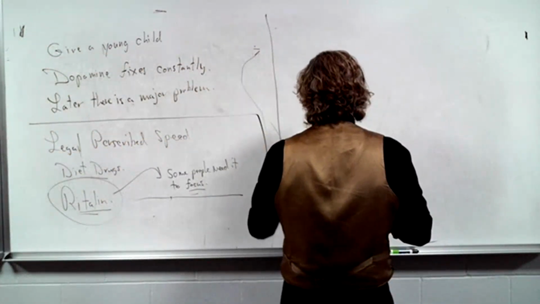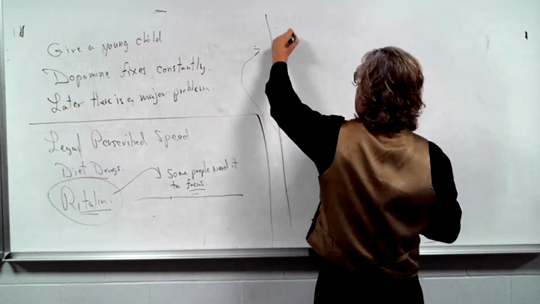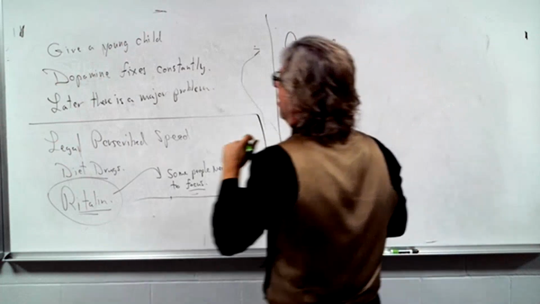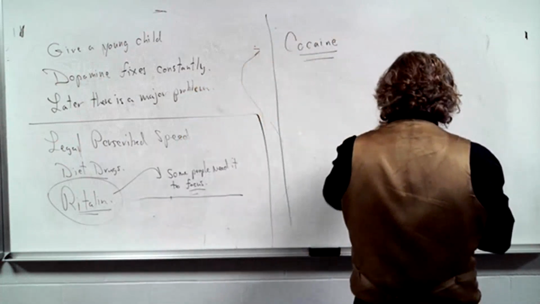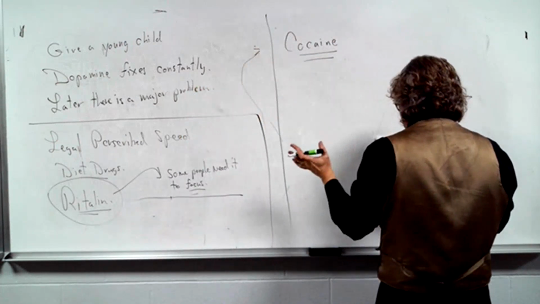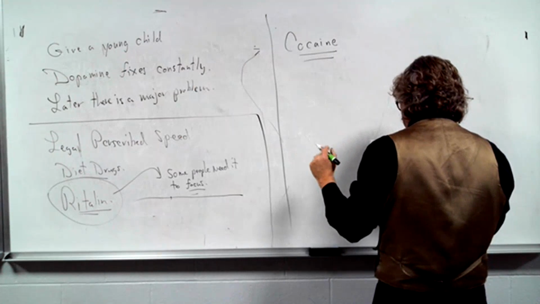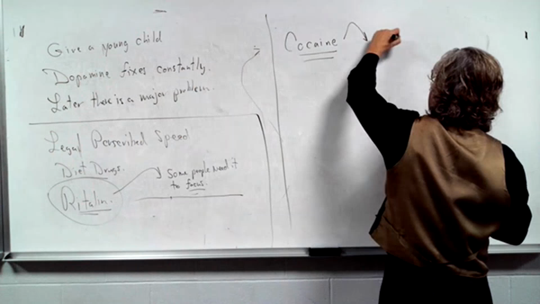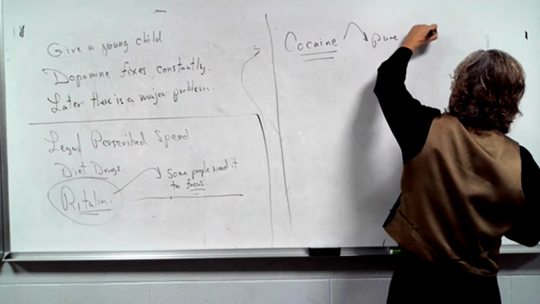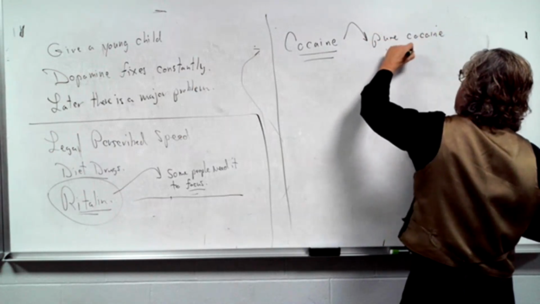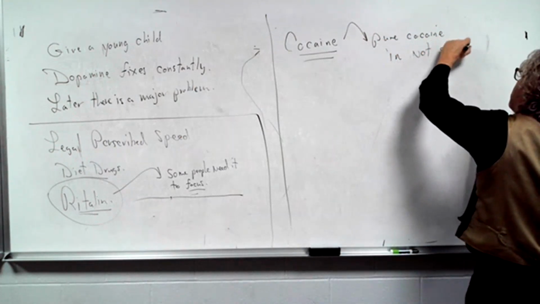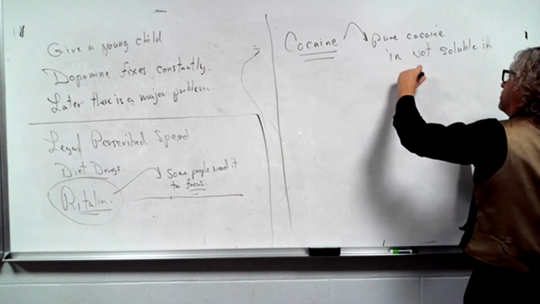Okay, it wouldn't be a talk on these things if we didn't mention cocaine. For cocaine, I'm going to finish this up in this one lecture. I had done probably 4 hours, and I'm doing it only in 2.5, I think. But pure cocaine is not soluble in water.